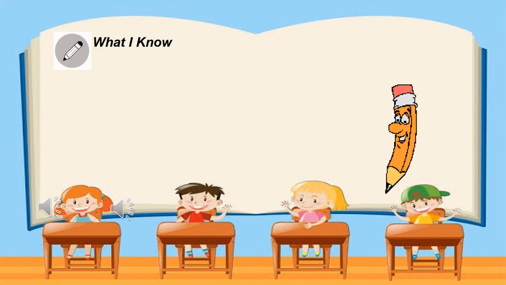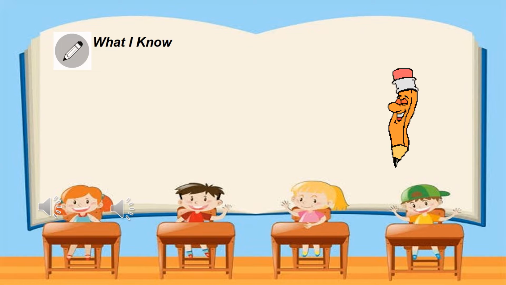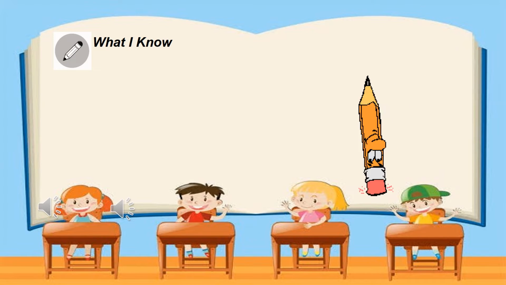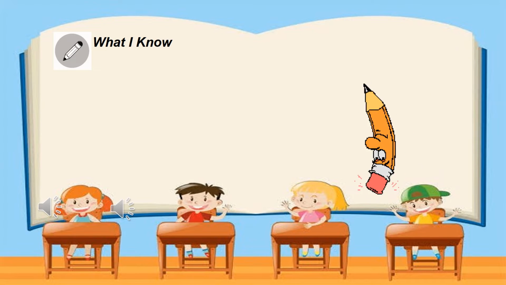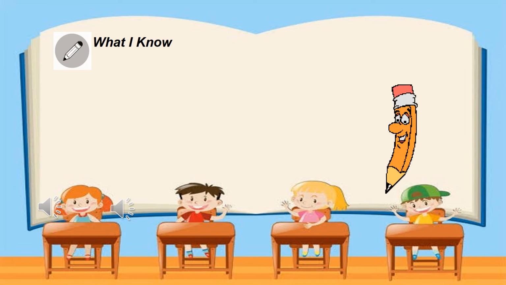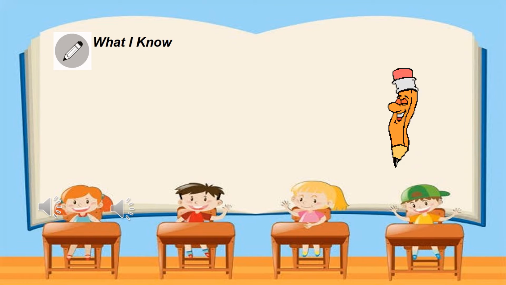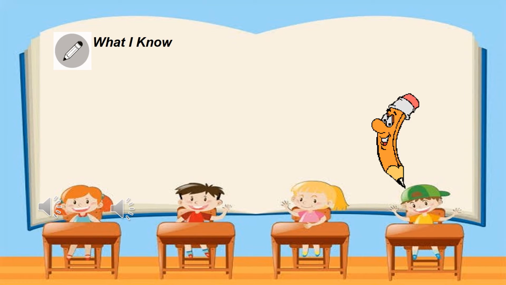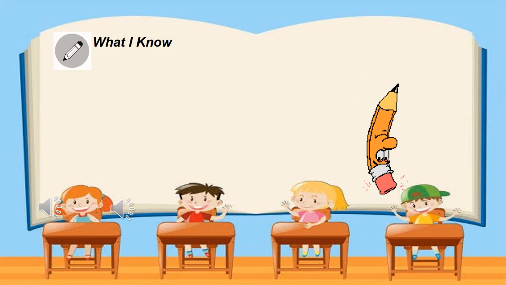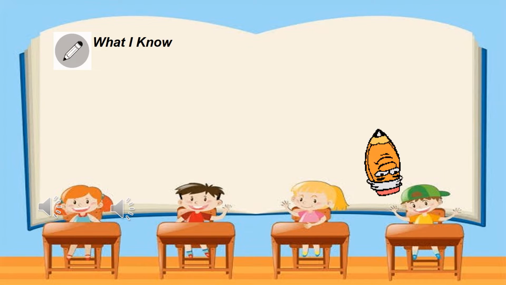Now, for number 3A. It takes 1 hour to climb the mountain. What is the correct answer? Very good. The answer is the second hour. Next, letter B. Our team made it in 45 minutes.